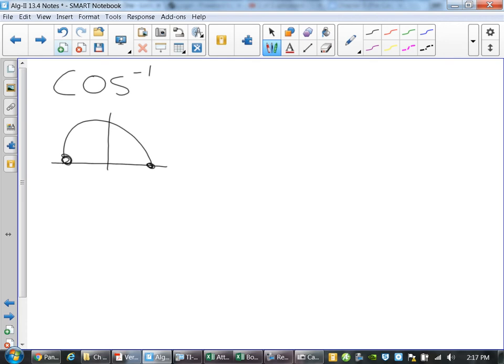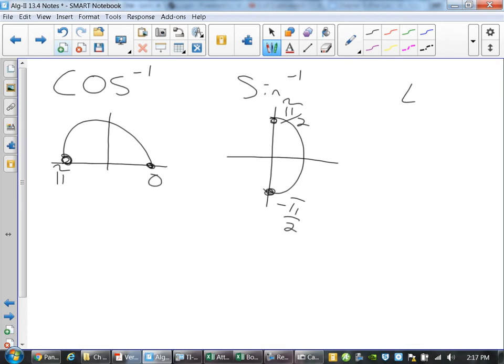The sine values are between 0 and pi, and then the negative tells you where it's negative. This is between pi over 2 and negative pi over 2. And then tangent was with the open circle.